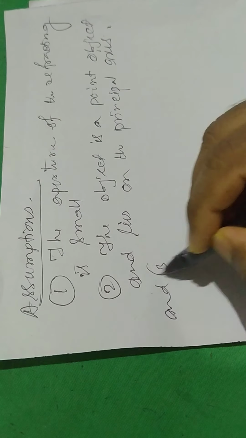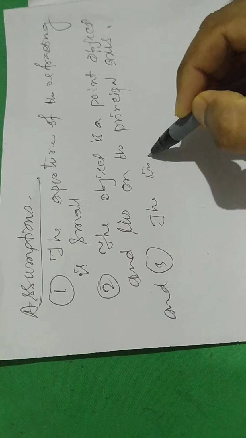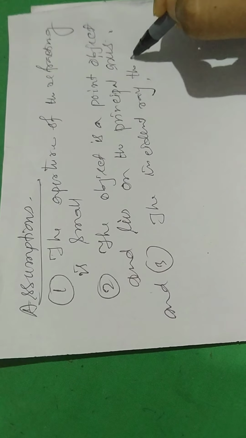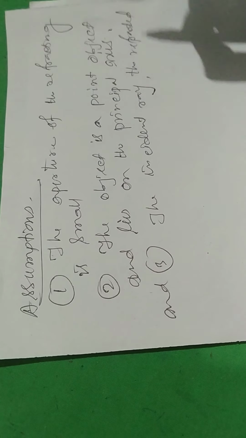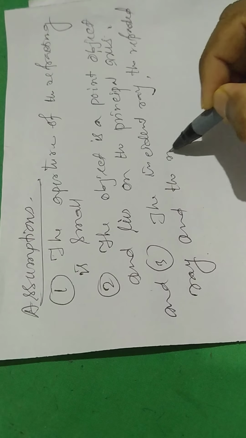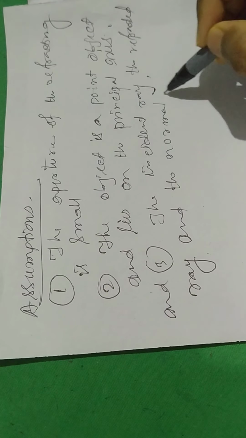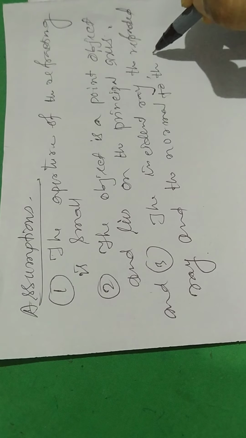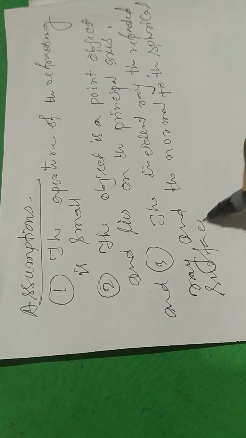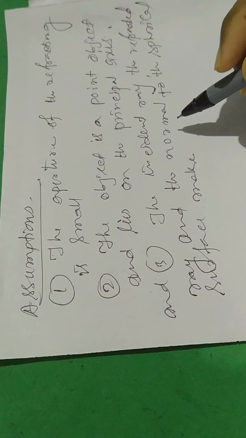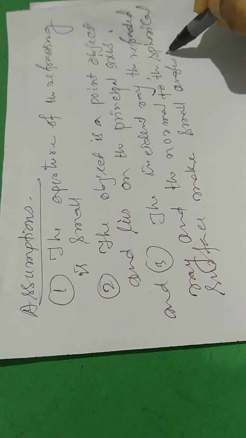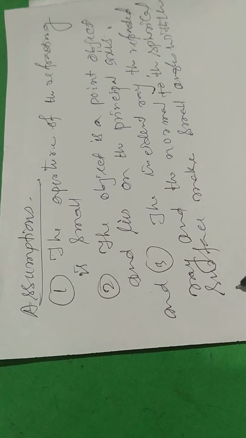And number 3, the incident ray, the refracted ray, and the normal to the spherical surface make small angles with the principal axis.